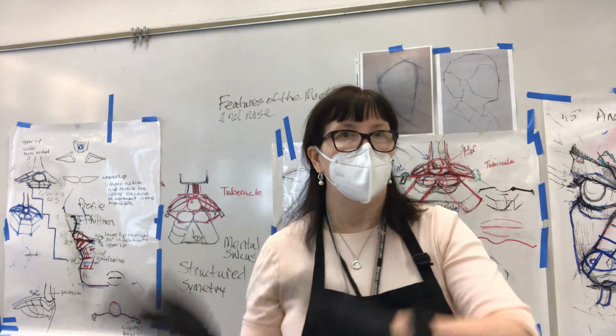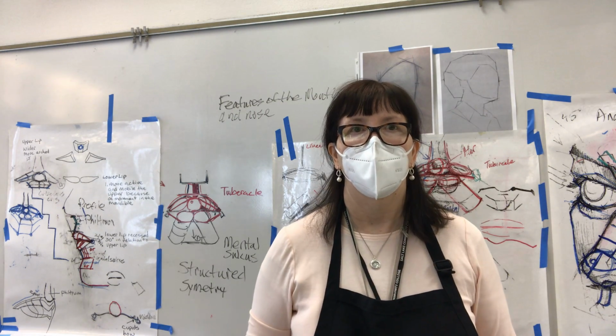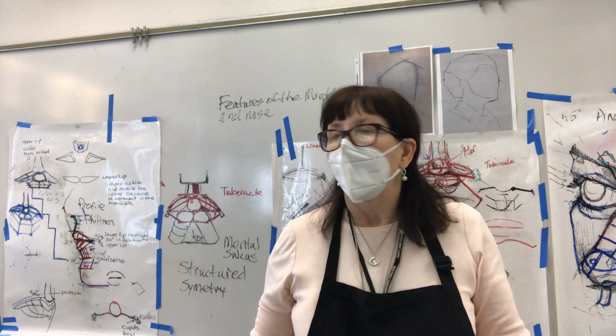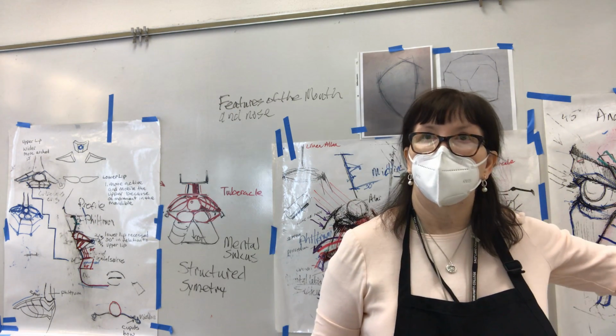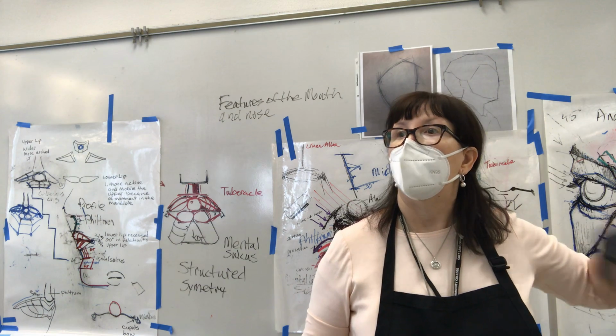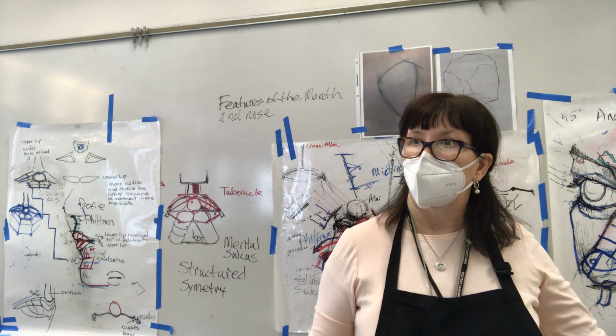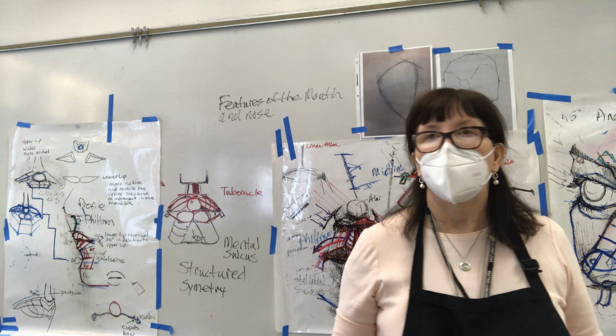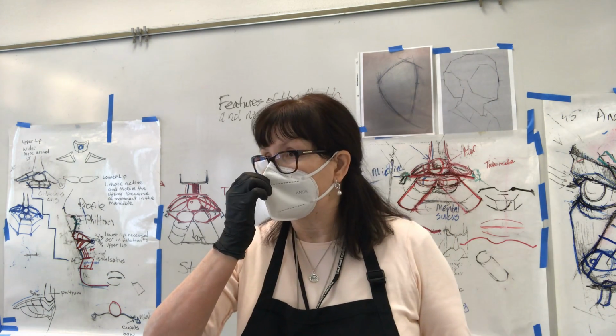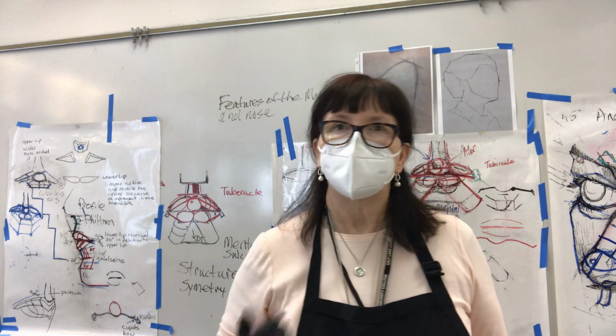From birth to death, you smile the same way. Your smile doesn't change. And part of that has to do with the musculature that you were born with and how that develops.